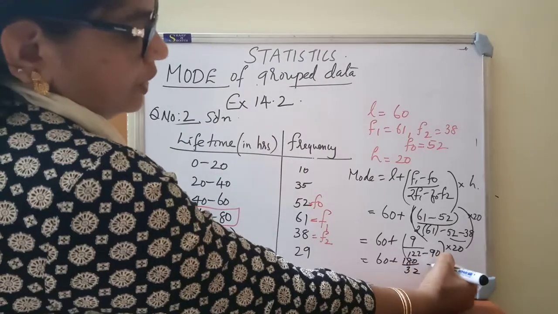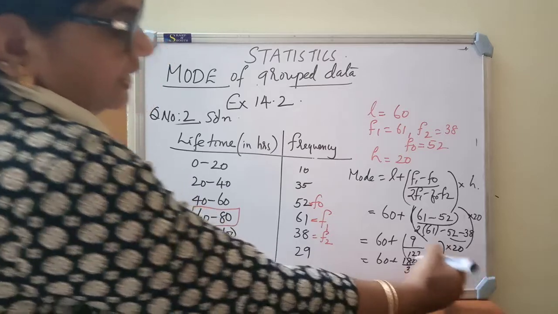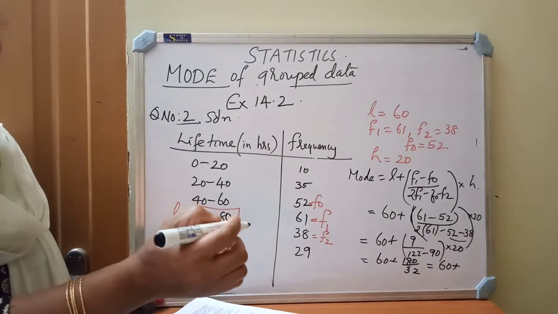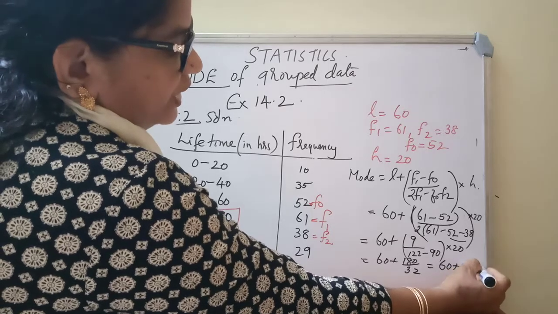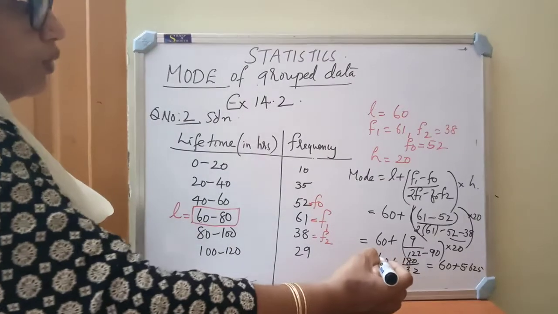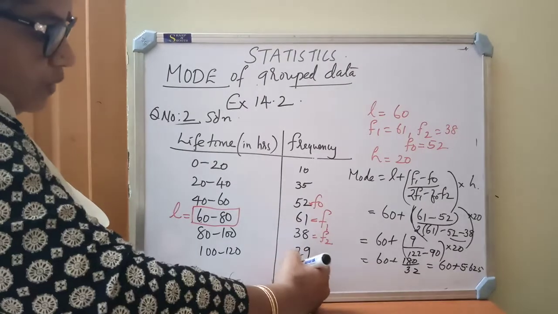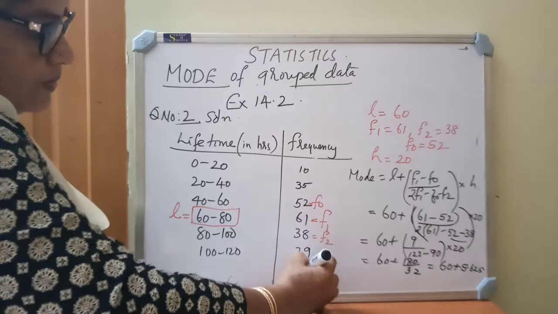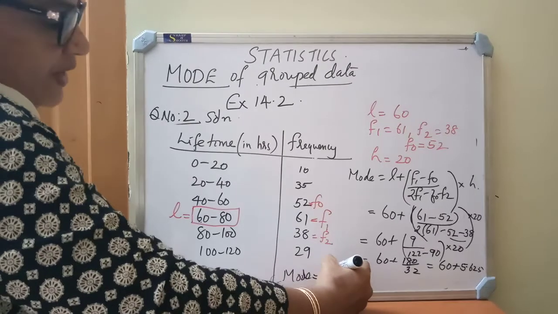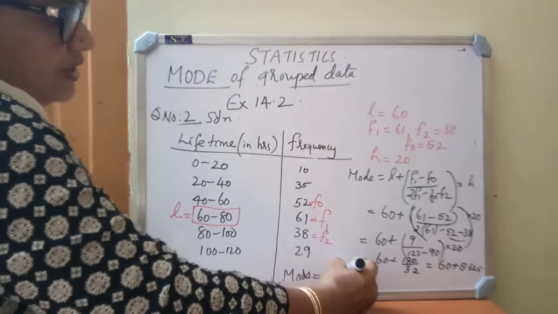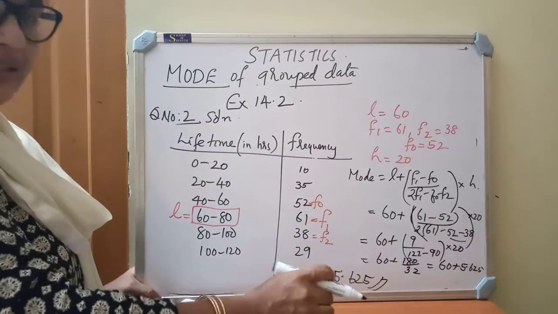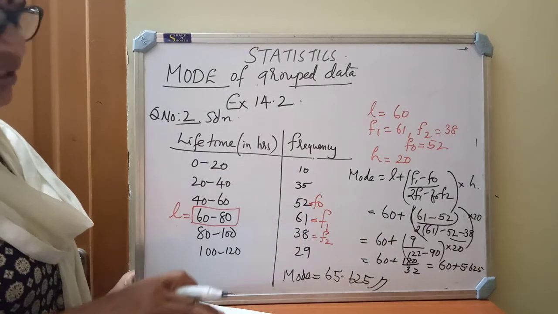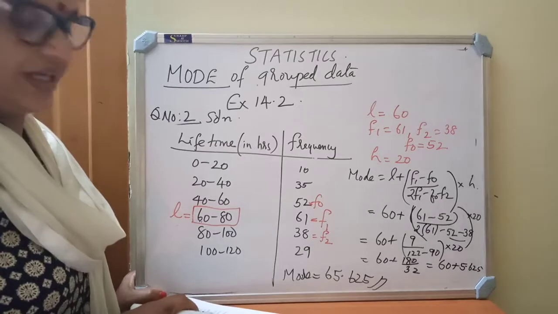So this is equal to 60 plus 180 divided by 32, you will get 5.625. Add this to 60, so mode equal to 65.625. That will be our answer. So 65.625, that is our final answer, the mode.